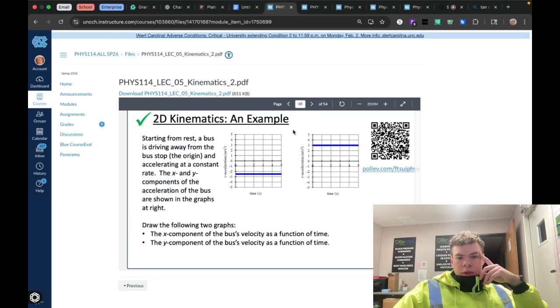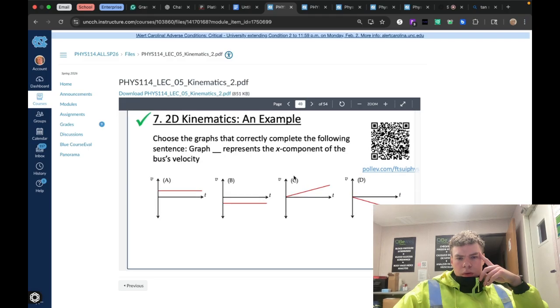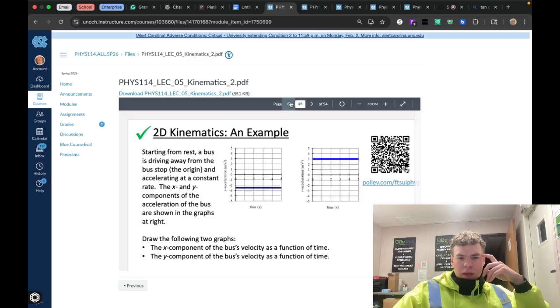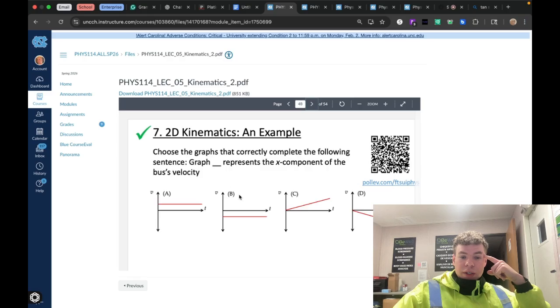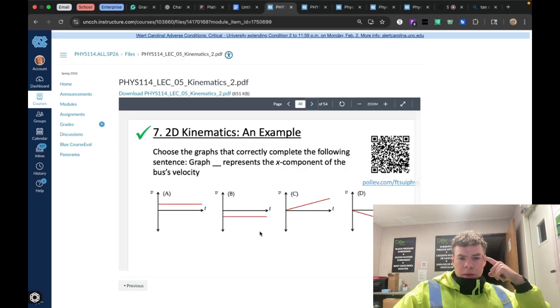So it's saying draw the two graphs. Choose the graph that correctly completes the following sentence. Graph blank represents the x component of the bus's velocity. So the velocity in the x direction is negative, so it's increasing in the negative direction. We don't really know where it starts from, but we just know that it's constantly getting more negative.